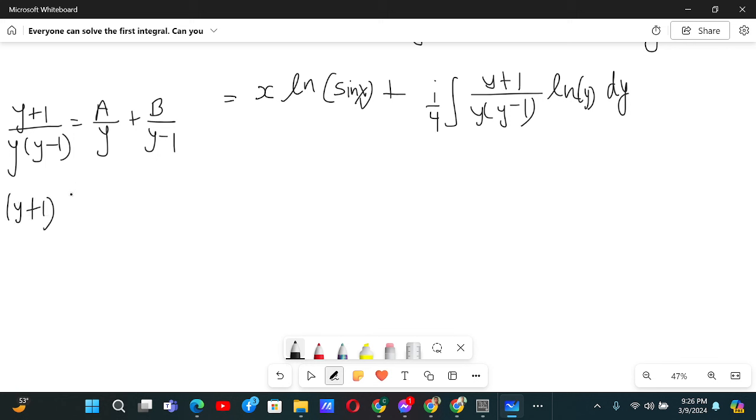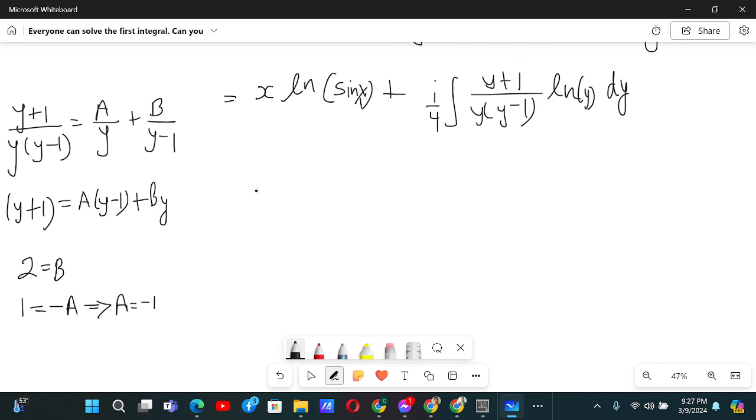You can just take the LCM and write it as A(y - 1) plus B times y. Now if we substitute y equals 1, you get 2 equals B. If we substitute y equals 0, you get 1 equals minus A, which implies A equals minus 1. So you basically have A equals minus 1 and B equals 2.